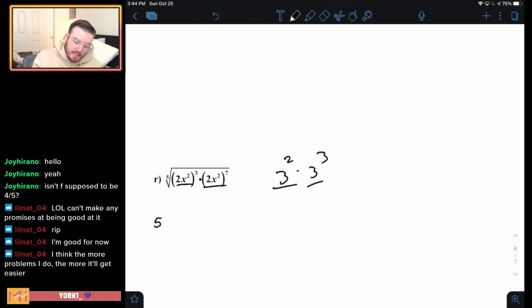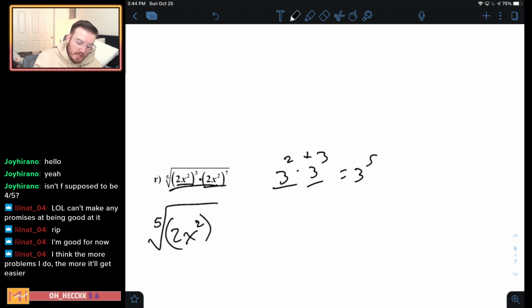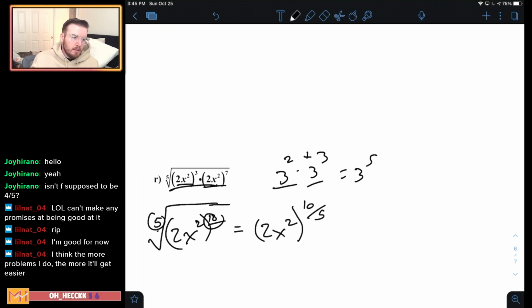When they're the same, it's as simple as adding. 3 plus 7 is 10. 10 is divisible by 5. So you could imagine rewriting this as 2x squared to the 10 fifths power. Well, 10 divided by 5 is 2.